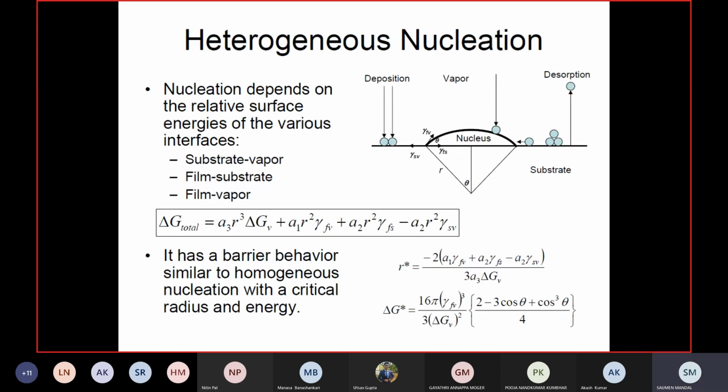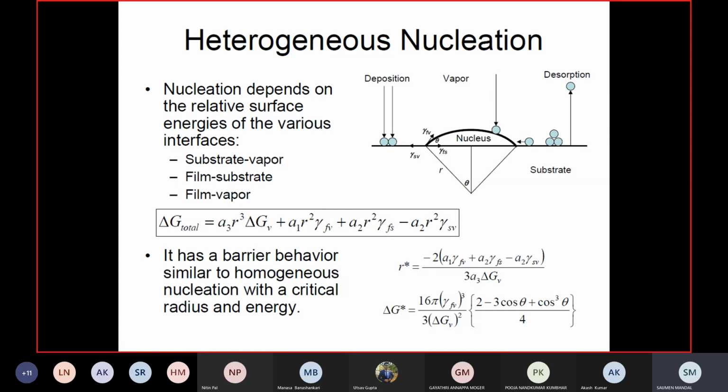Now we need to see the different equations for heterogeneous nucleation, because in this case there is clear-cut heterogeneous nucleation. It's surface dependent, and the nucleation depends on the relative surface energy of the various interfaces: substrate-vapor, film-vapor, and film-substrate.